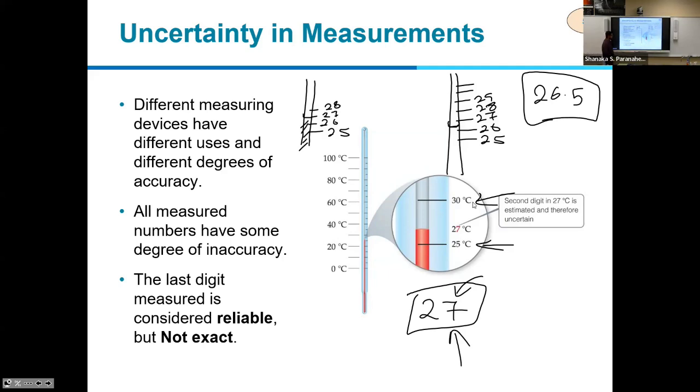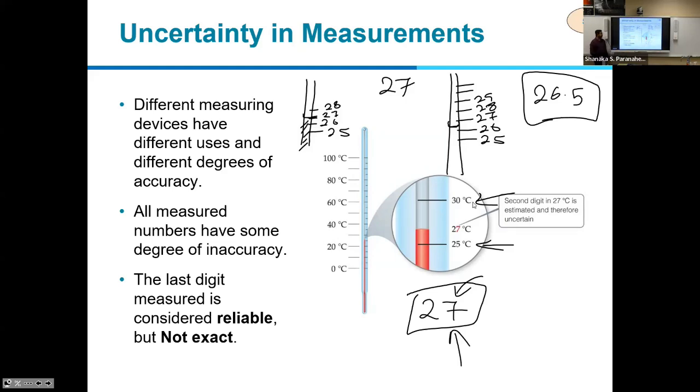Yeah, I hear one answer as 27. Is there any different answer? You probably do like 26.8 or something like that. Okay. So it is close to the 27 line. It's almost on the 27th line, so you can assume it's exactly on the 27th line. Are you going to change that answer? Yes or no? Yeah, that's a good estimate.